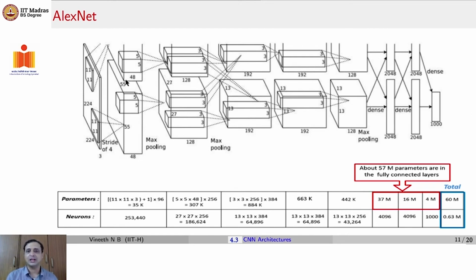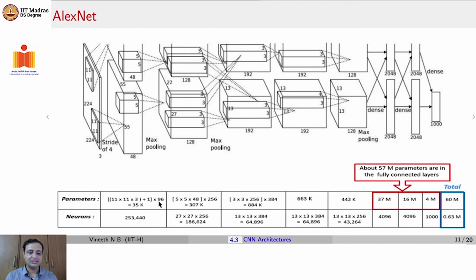So the designers tried to take advantage of two processors that they had, in particular two GPUs, into which they simultaneously forked out these volumes and then combined them in later layers. Where you see these cross inputs as dotted lines is when the output of one GPU was also fed to the other GPU, and so on and so forth. These cross links in the architecture should help you understand in which layers that was done.